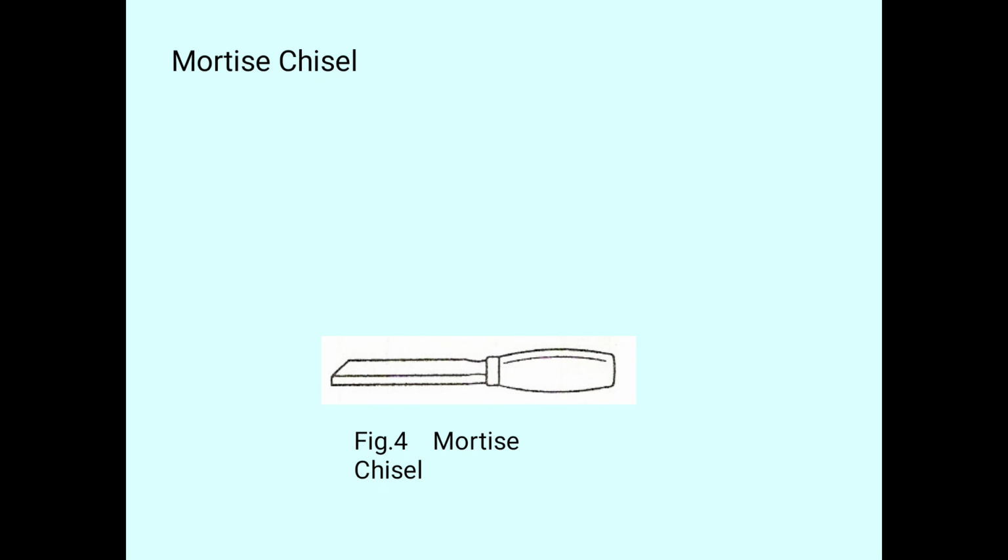Next one is the mortise chisel. So the next topic is a mortise chisel, and here we can see the diagram of a mortise chisel. It is robust and can take heavy blows and deep cuts.